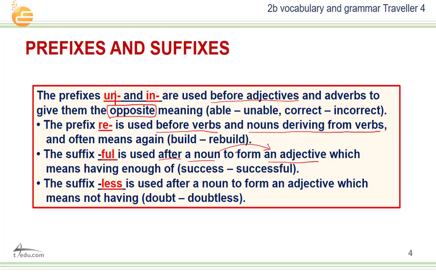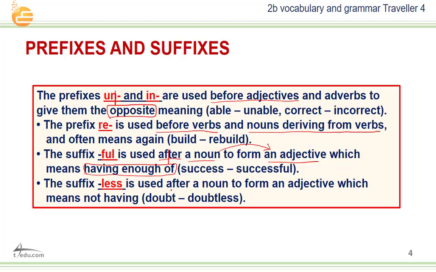Form the adjective from the noun. It means having enough of. Like success, successful. The suffix less is used after a noun to form an adjective.